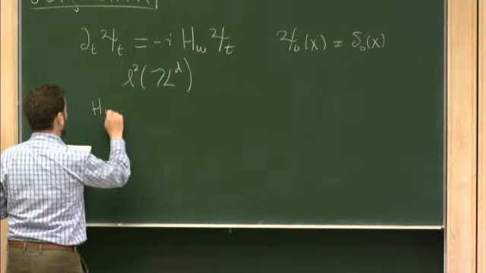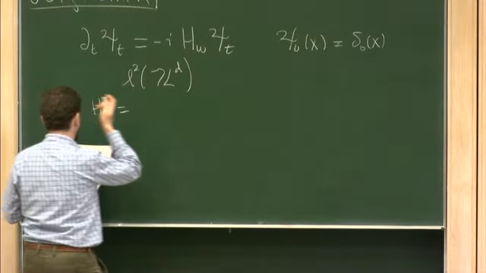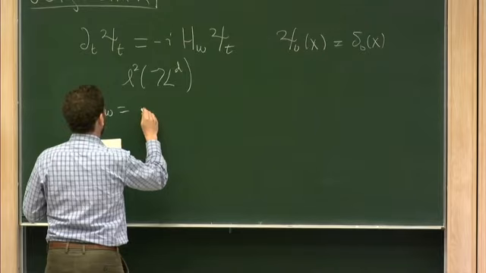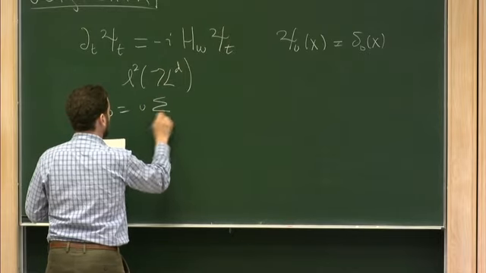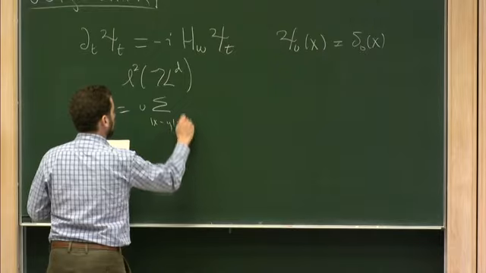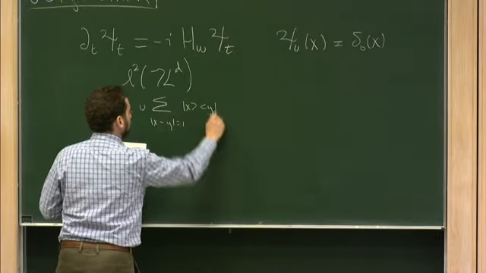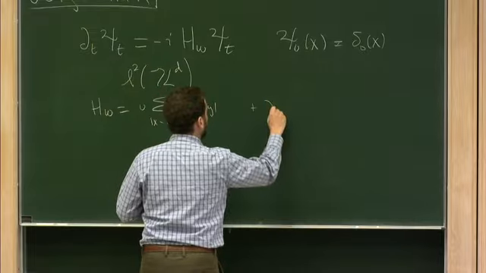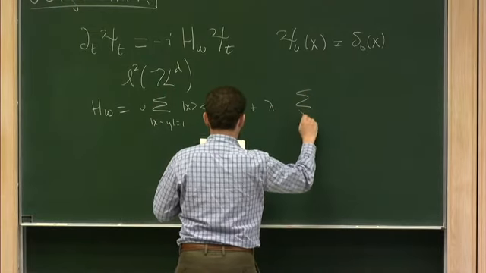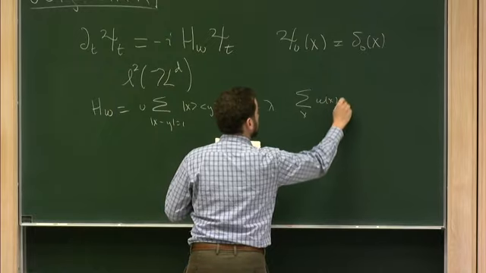And the operator H omega is the usual nearest neighbor hopping plus random potential.